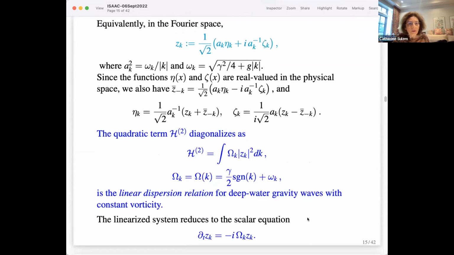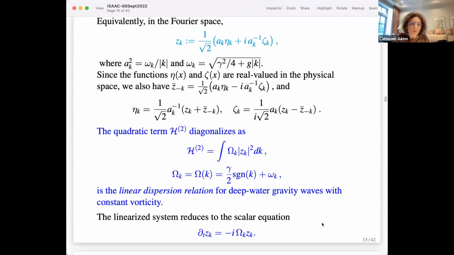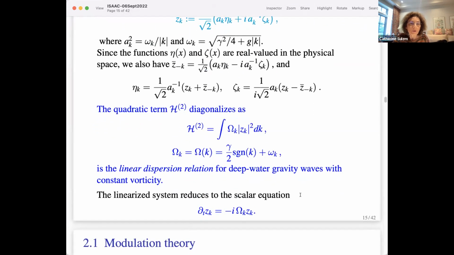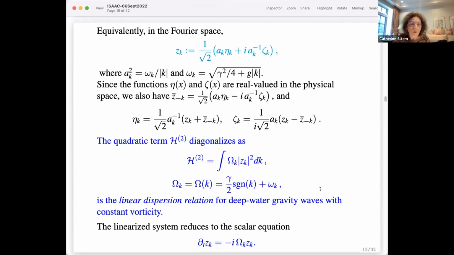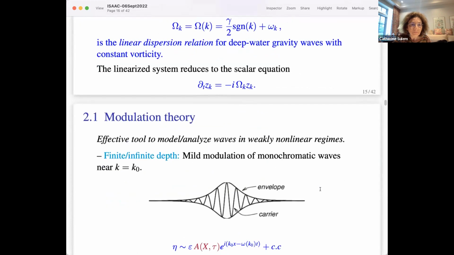So the linearized system at the end becomes this one, a scalar equation. All right, so this is the linearized problem near water at rest.